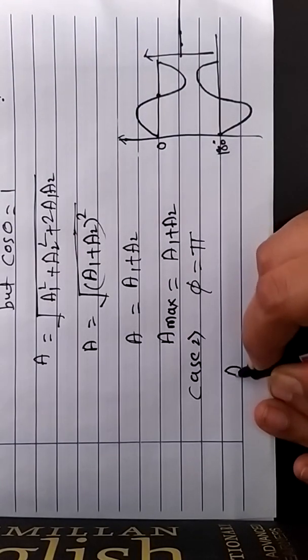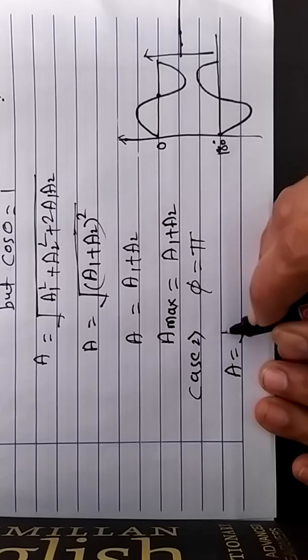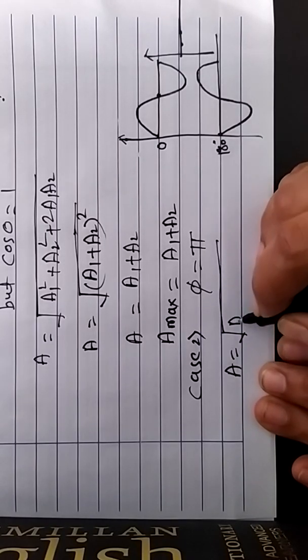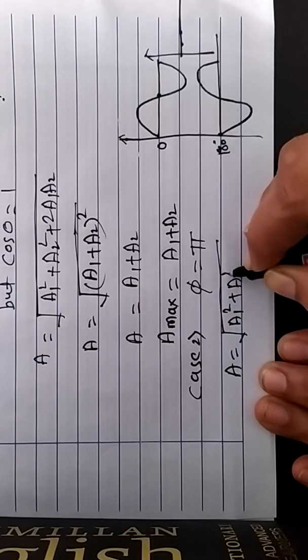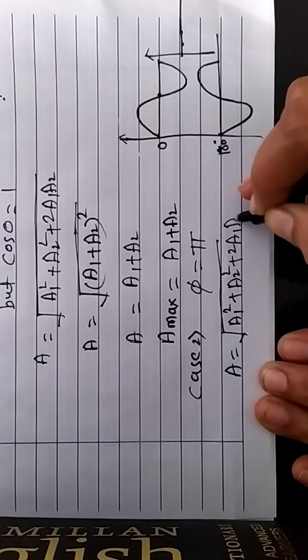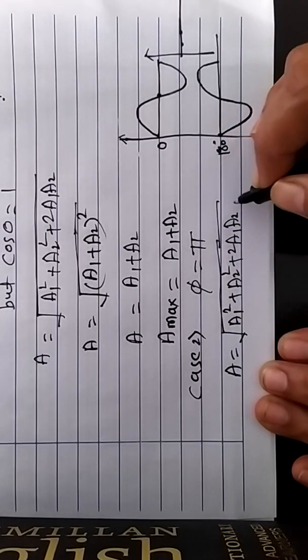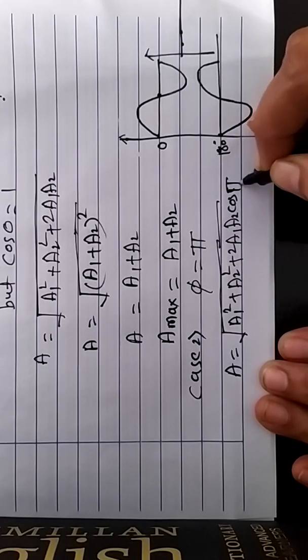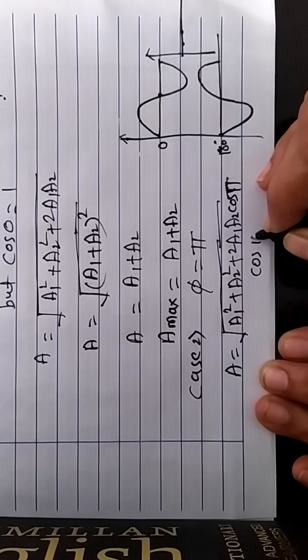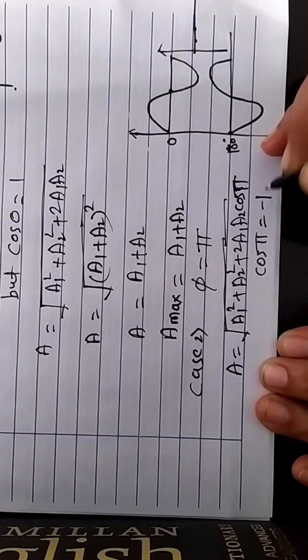Therefore, A is equal to the square root of A1 square plus A2 square plus twice A1 A2 cos pi. But cos pi is equal to minus 1.